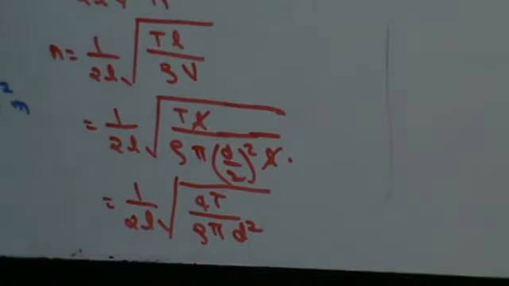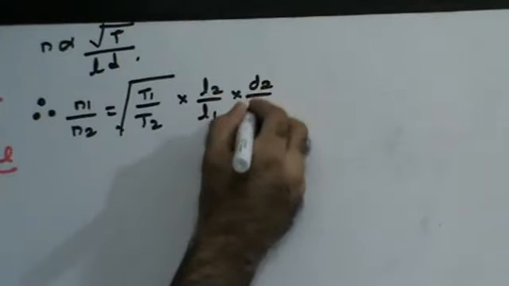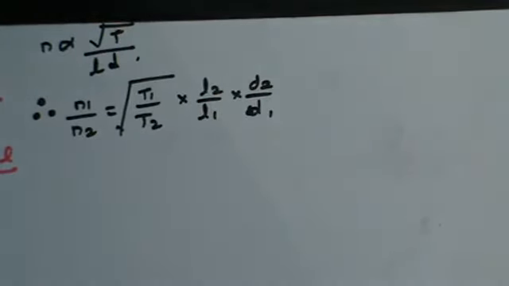Hence I can say that the frequency N is directly proportional to square root of T and is inversely proportional to L into square root of D square, which can be written as D. Therefore, I can say that N1 upon N2 is equal to square root of T1 upon T2 into L2 upon L1 into D2 upon D1. All the values are given to you. You should be able to substitute and get the answer.